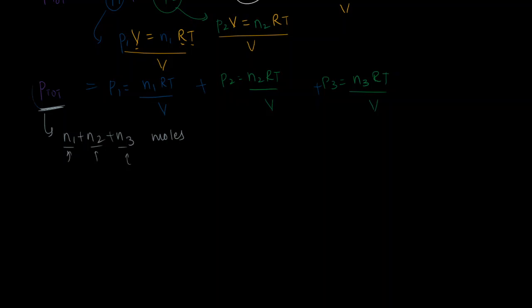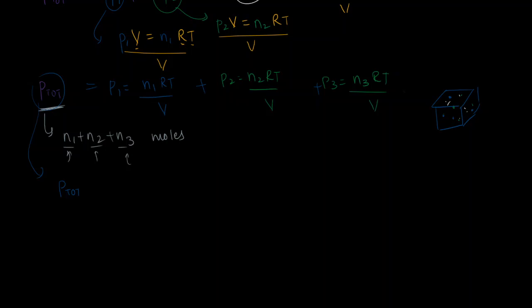So for this mixture of gas, you can again write the ideal gas equation. P total, for this mixture, an assortment of three different gases. You have the P1 gas here, the P2 gas here, and the P3 gas here.